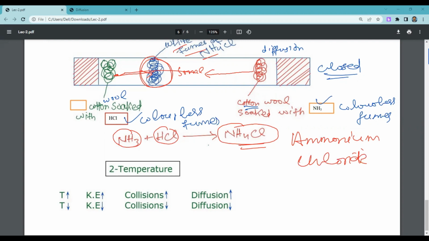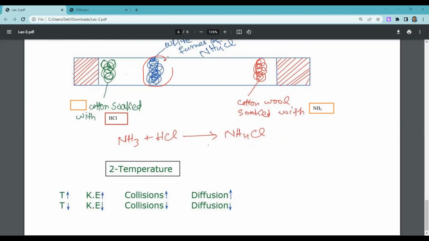Then why here? The question is, why here? Why are the white fumes produced here, not here, not here, not here?